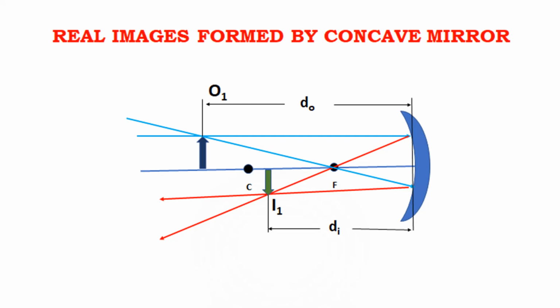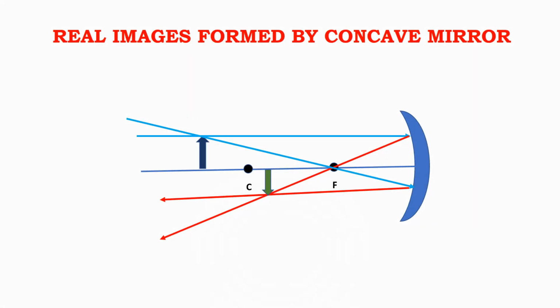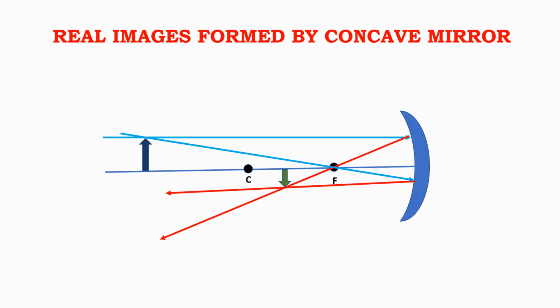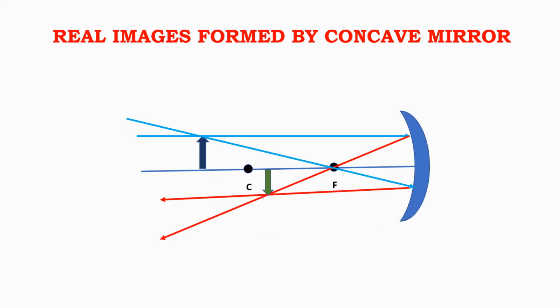Where is the image? If the object is beyond C, as it is in this figure, the image is between C and F. If the object is moved outward from C, the image moves inward toward F and shrinks in size. If the object is brought closer to C, the image moves outward from the mirror.